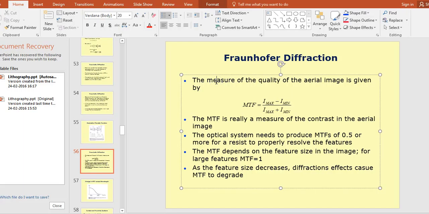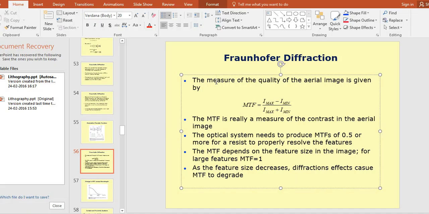In deciding the resolution, the separation of the two features on the image plane, we modulate whatever pattern is there on the mask. We try to modulate it using certain concepts of optics. Suppose like we have talked about the contact printing.